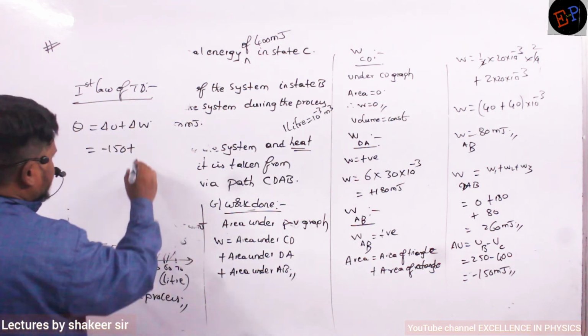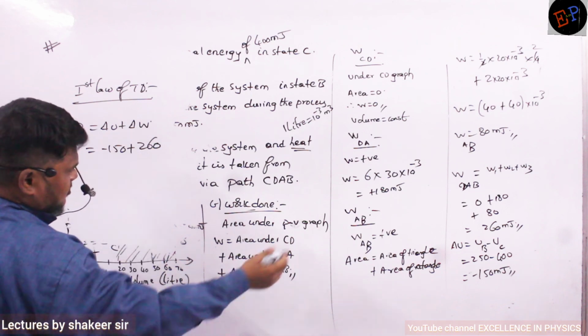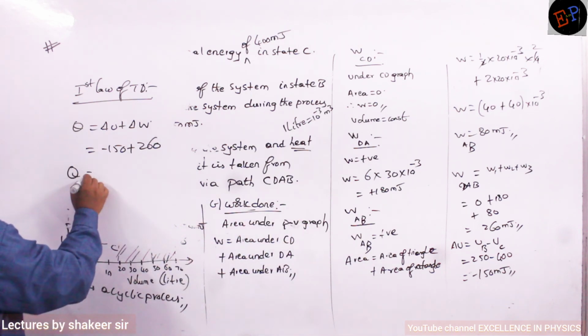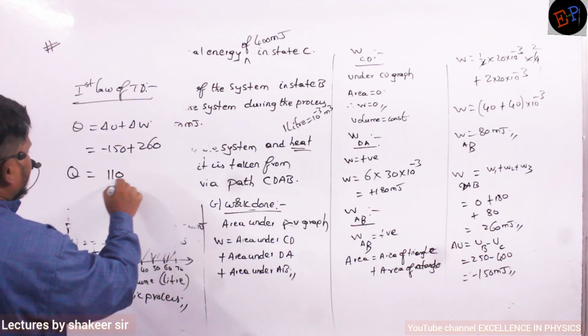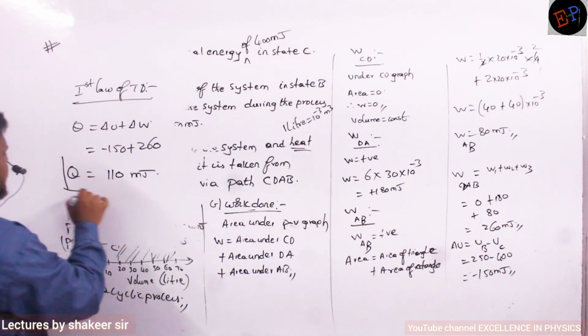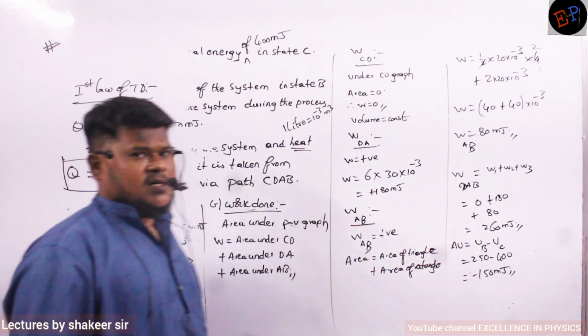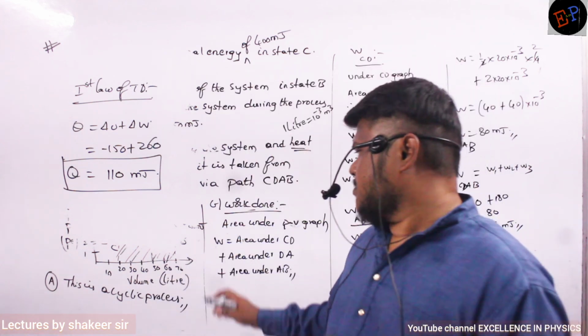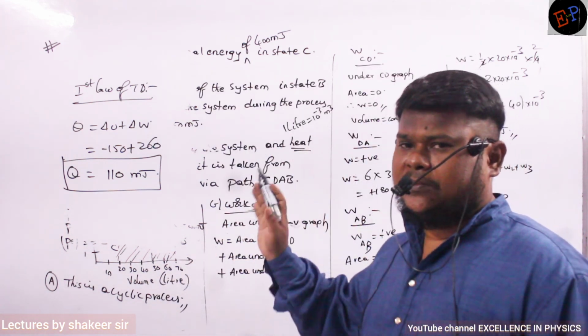Delta W is plus 260. So heat supplied is 110 millijoules of heat energy. This is the amount of heat energy I have supplied in traveling from C, D, A to finally B.